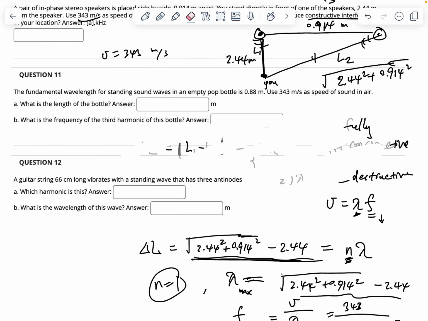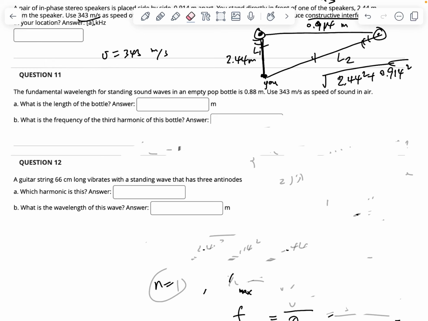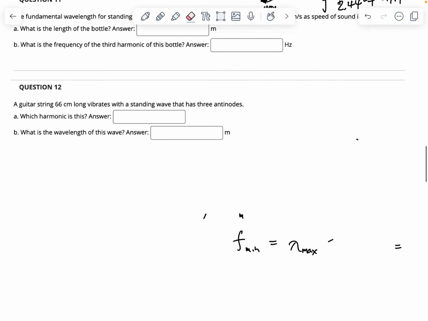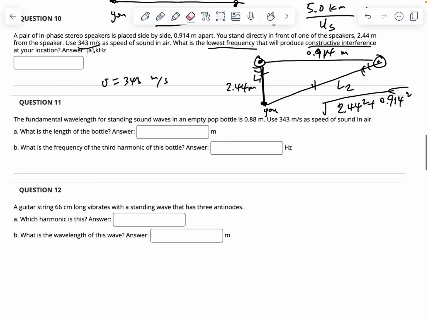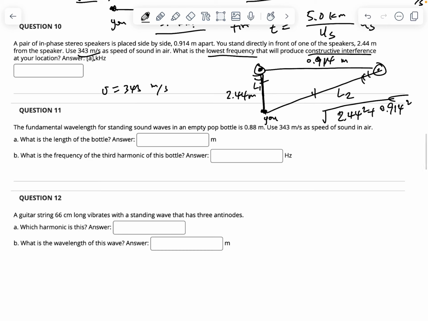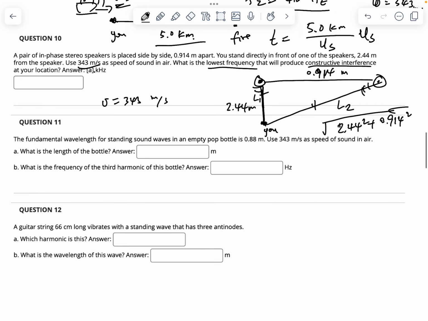Let's look at number 11. Number 11, the fundamental wavelength for standing sound in an empty pop bottle. So the bottle is this. It's a bottle, right?